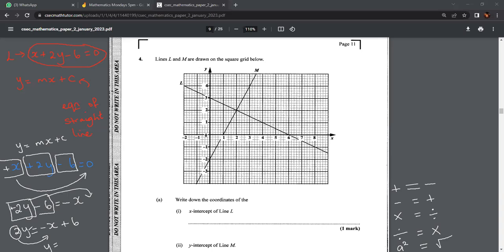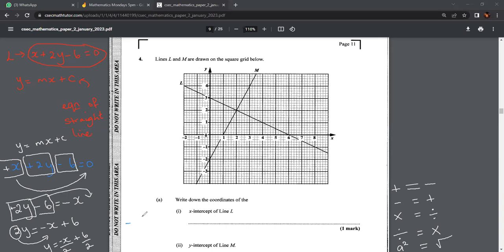That means that when I carry it across, it's going to become divided. Everything on this side is going to be divided by 2. So the negative x will be divided by 2, and the 6 will be divided by 2.